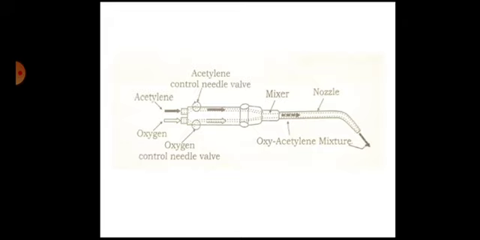There are two openings, one for the acetylene hose and another for the oxygen hose. Both of them enter into this nozzle, and their pressures can be controlled by valves. Then there is a mixture, and from the mixture, the mixed gas enters the nozzle tip where it can be burned. Okay.